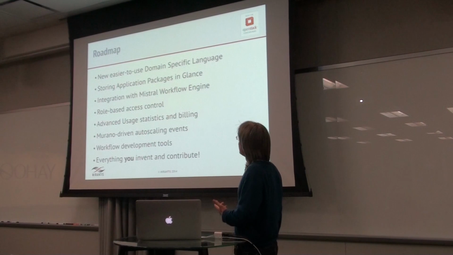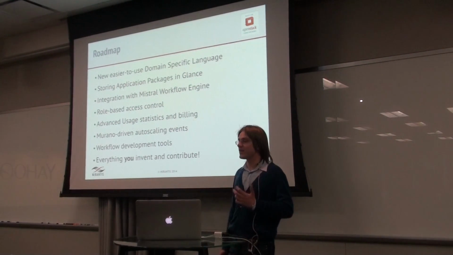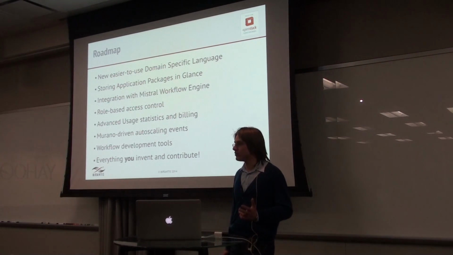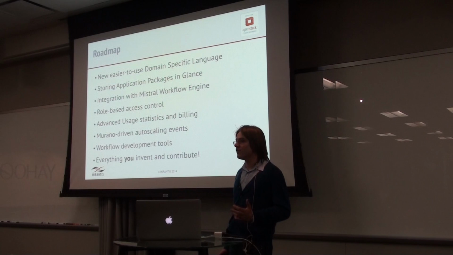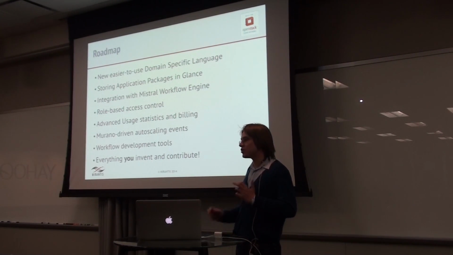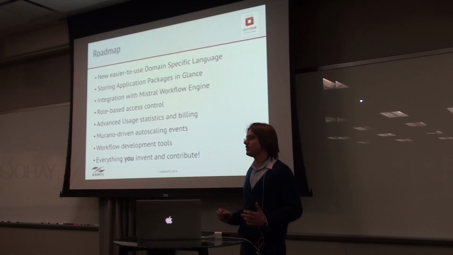Another important initiative is we want to store application packages in Glance. This may be a little bit surprising because Glance is used to store images. But actually, we have initiated a conversation with the Glance team, and we have proposed to make Glance not just image storage, but generic artifact storage and metadata storage.